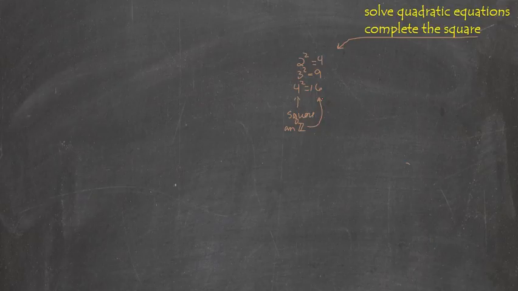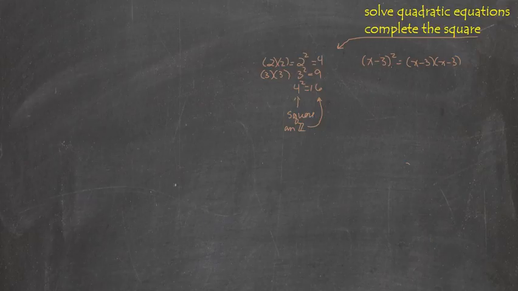Polynomials have their own sort of perfect square though. In polynomial world, if you square a linear binomial, x minus 3 squared, then you get a perfect square trinomial. So the linear binomial x minus 3 can be squared by writing x minus 3 times x minus 3, in the same way that 2 squared is written as 2 times 2, and 3 squared is written as 3 times 3, and so on.